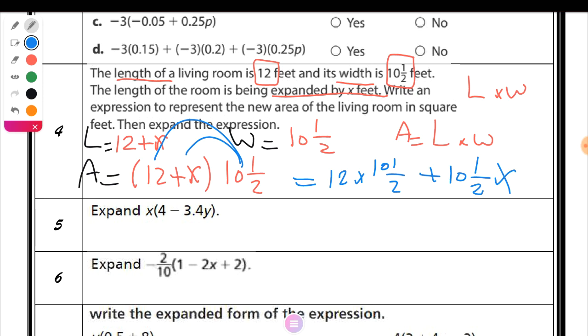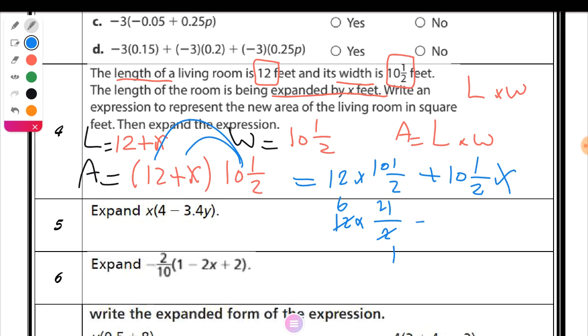12 multiply 10 and a half, I have to simplify it. So it's 12 multiply 21 over 2. 10 times 2 is 20, plus 1 is 21. Okay, divided 2 equal 1, divided 2 equal 6. 6 multiply 21 equal 126.